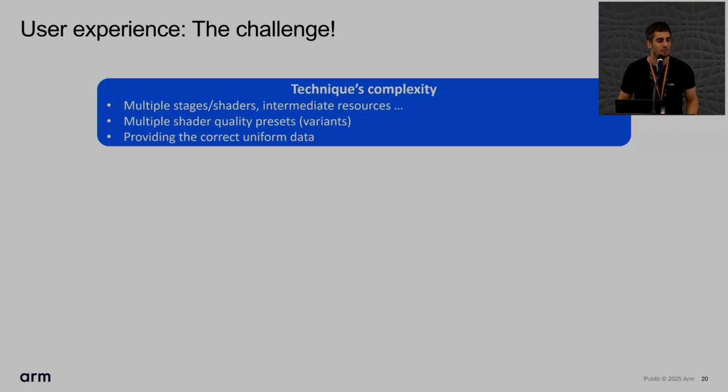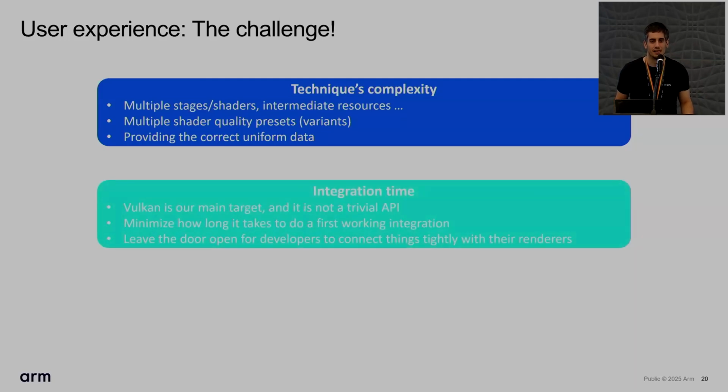You have different shader variants for the different quality presets and all the flexibility you're using, reversed buffer, dilated motion vectors, etc. You have to provide the correct uniforms as well. So just based on this, just delivering the shaders in a GitHub repo wasn't an option. I didn't want to create a problem for developers, where they would have to integrate and recreate the entire algorithm in their engines.